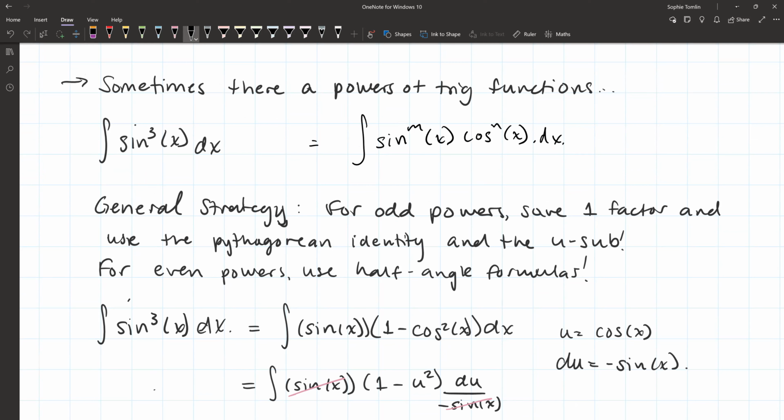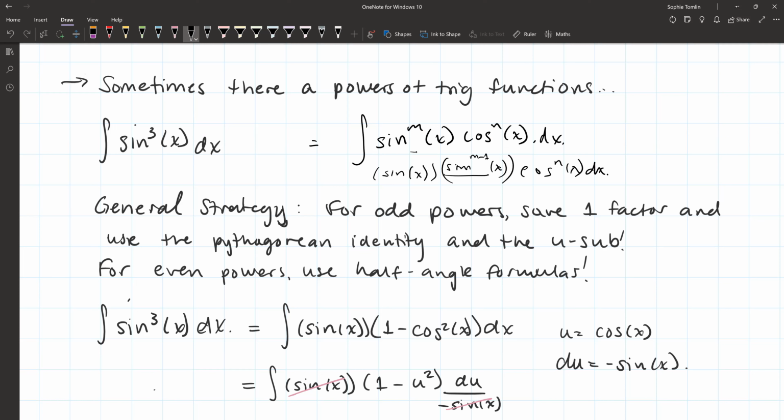For odd powers, you want to save one factor. So if m was odd, you'd save this one sine of x, and then have the rest of your sine terms, sine to the m minus 1, here, and your cos terms over here.